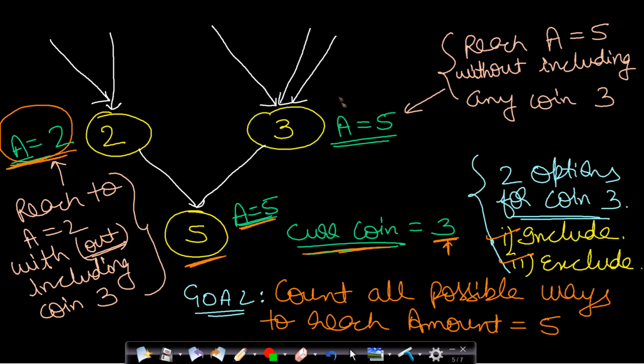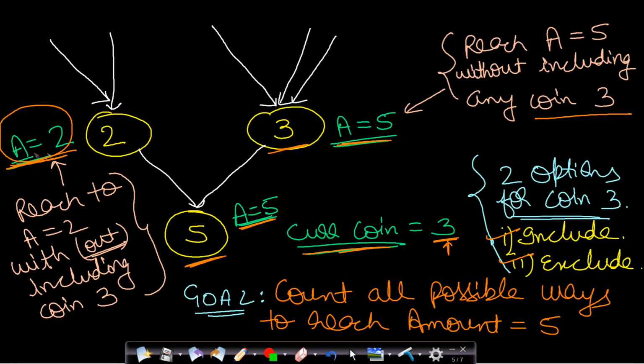Okay, and this 3 is indicating that in order to reach this amount 5, we have 3 possible paths, and these paths are without including this coin 3 strictly. Okay, so if you do not understand this, then don't worry, I will be showing this in the example as well.